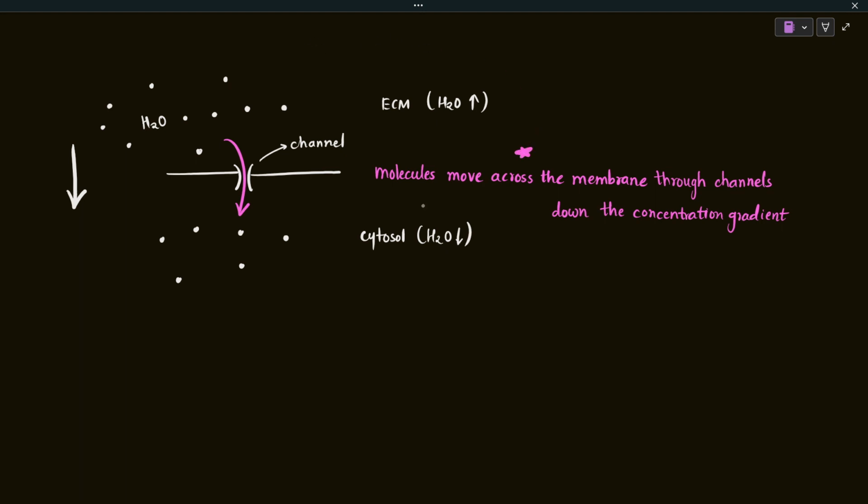So in the case of neurons, ions move across the membrane of neurons through channels down the electrochemical gradient.